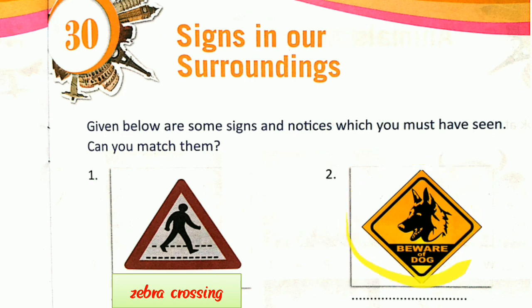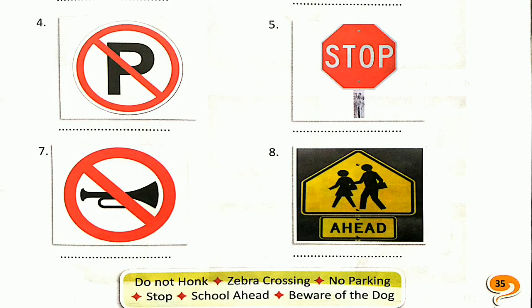Okay, now number two, what is this sign about? Yellow and black, and we see written down beware of dog. So yes, it's a sign about beware of dog. Very good. Okay, now next, what is this sign about?